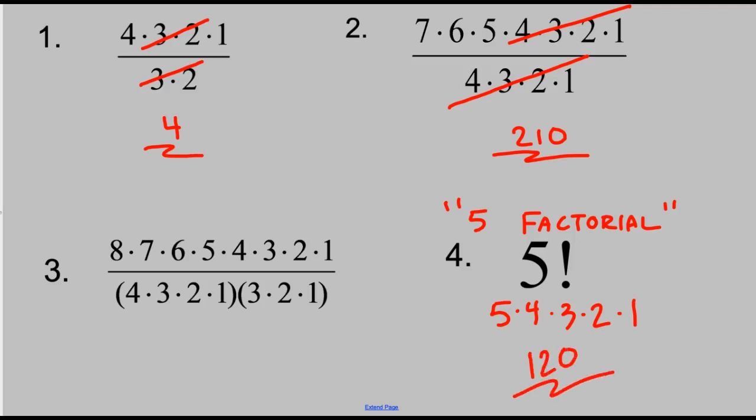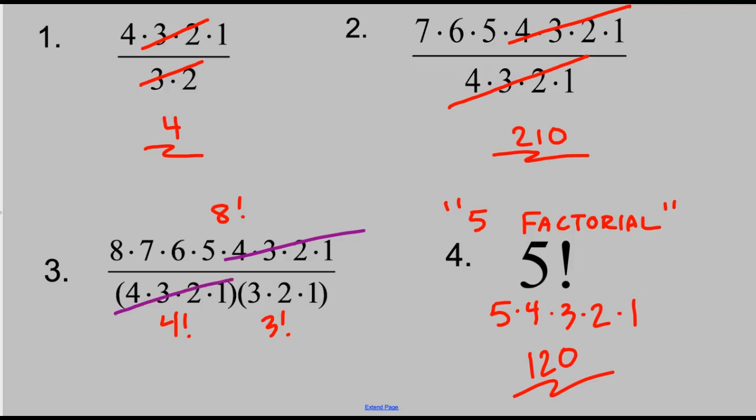So that's factorial. That's why you're seeing all these weird expressions like 8 times 7 times 6 times 5. This is like 8 factorial, right? This is like 4 factorial, and this is like 3 factorial. Part of 8 factorial would cancel out with 4 factorial, right?